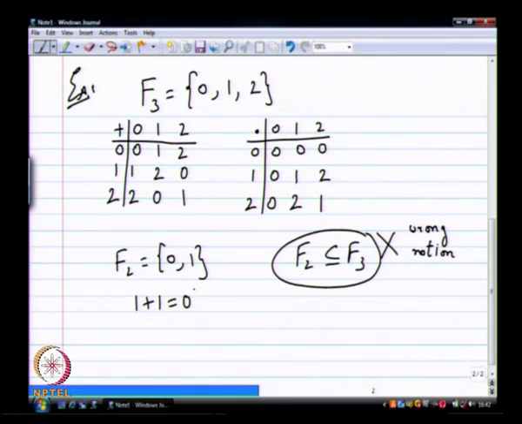You would get 0. In F3, 1 plus 1 is 2. So clearly the 1 has a very starkly different behavior. 1 plus 1 becomes the additive identity in F2. 1 plus 1 clearly is not the additive identity in F3. So you should not think of this as inclusion.